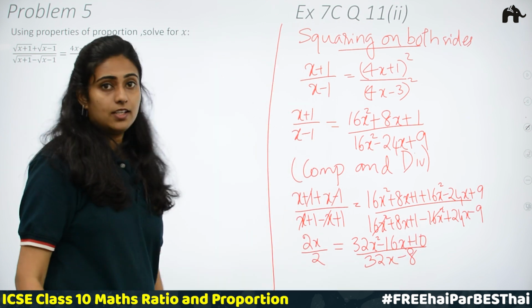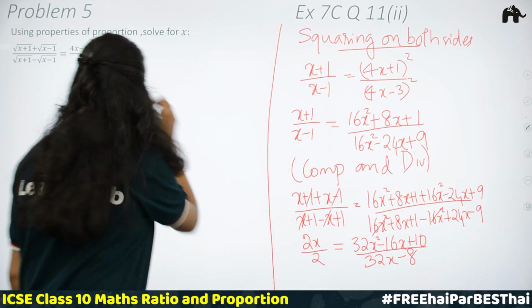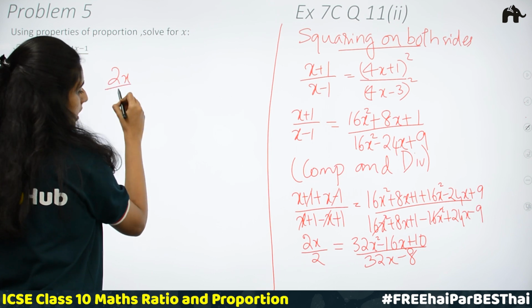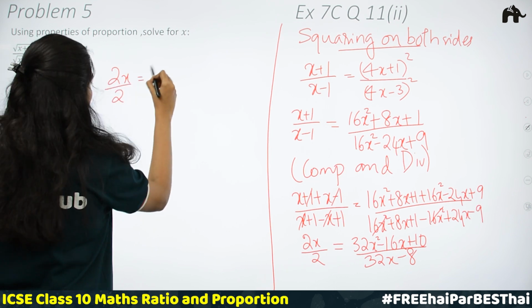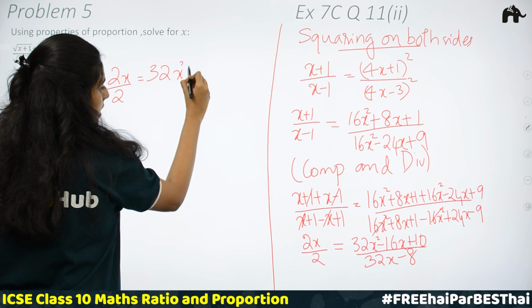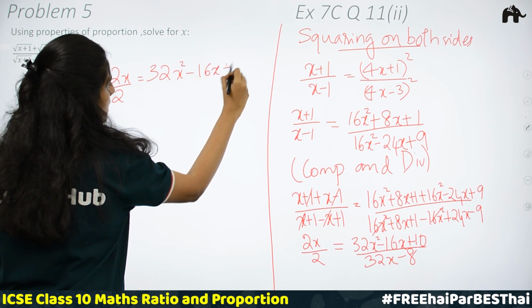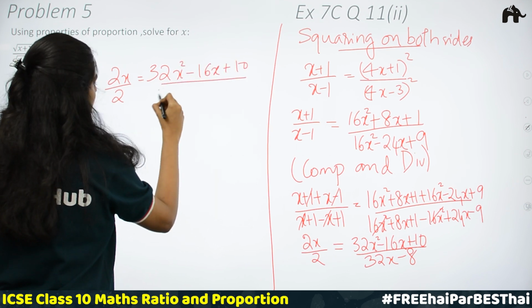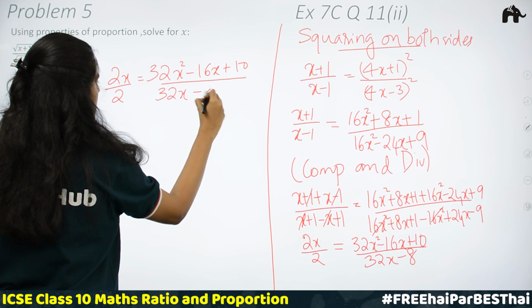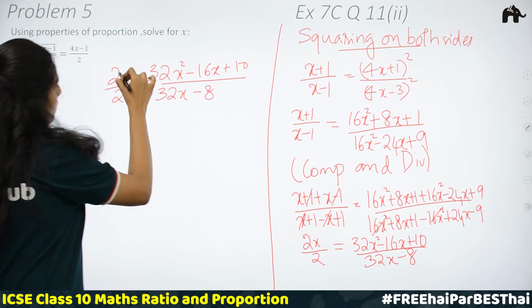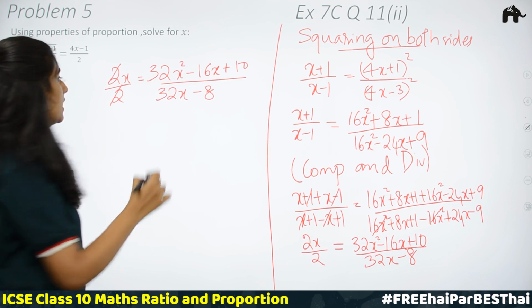Okay. Here 2x by 2 is equal to 32x square minus 16x plus 10 divided by 32x minus 8. Now, we can cancel these 2's.